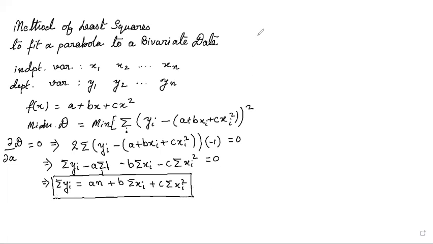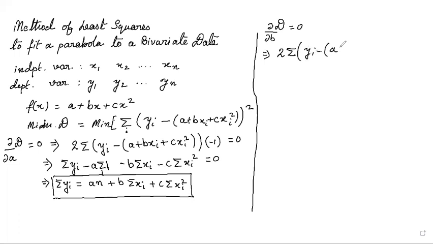Now we differentiate with respect to b and equate it to 0. We get again twice summation of yi minus (a plus bxi plus cxi square), and since the coefficient of b is xi, the factor minus xi comes out, equated to 0.